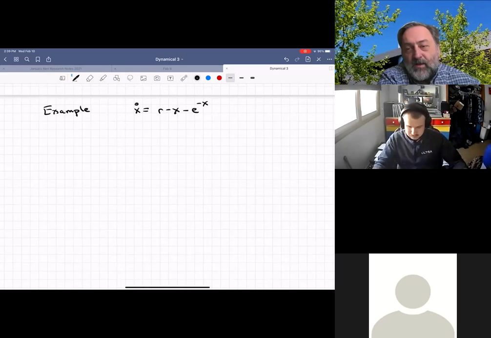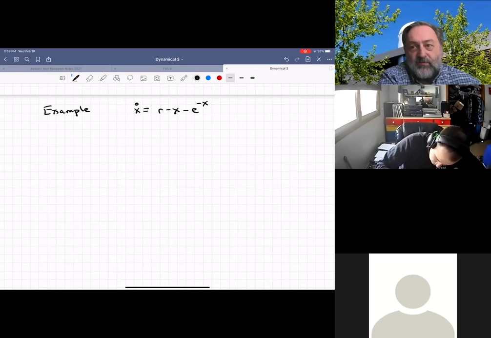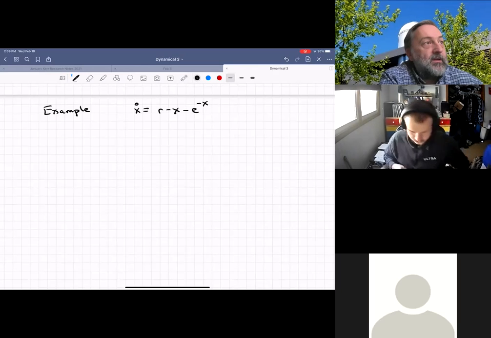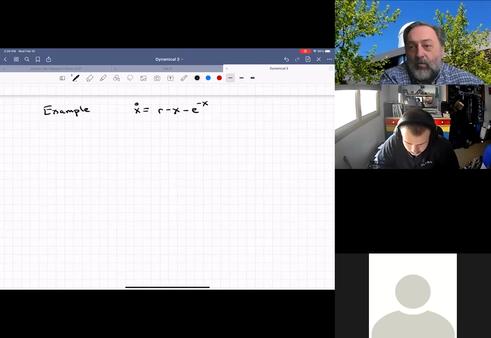Any system that has a zero in the slope of the potential energy function, near that place, looks like a harmonic oscillator. So the harmonic oscillator is essentially the normal form of a whole bunch of systems. And here, saddle node bifurcations have a normal form that looks like r plus or minus x squared.